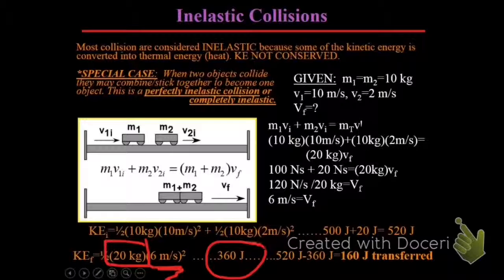So we've got 360 joules of kinetic energy. So some of that energy was lost, specifically 160 joules. That must have been transferred somewhere else, right? So maybe it was friction, heat, sound, the deformation of the two cars as they collided, etc.